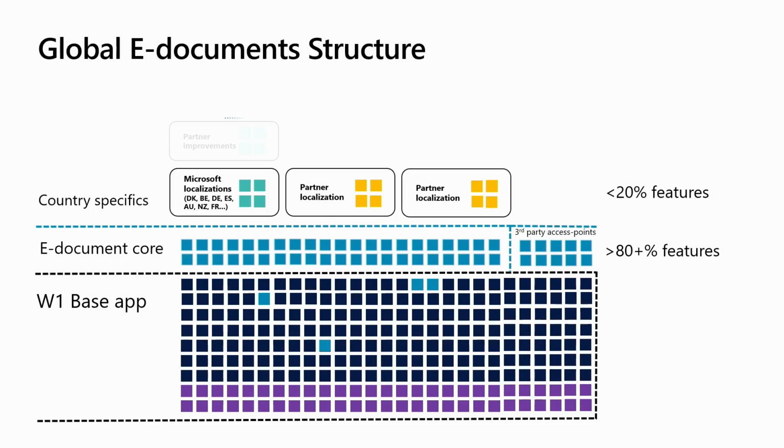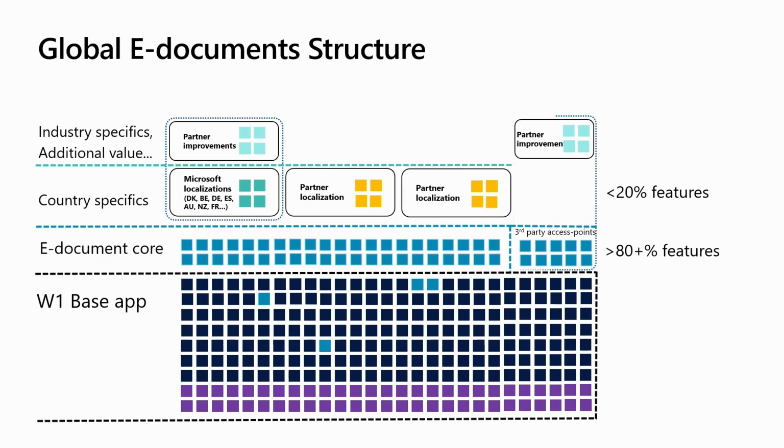Sometimes you want to extend a Microsoft localization, for example in Denmark or Belgium, and you can add specific industry solutions. On top of that, maybe some additional documents. If you are an ISV or a service provider with third-party access points, you can enable additional documents, maybe quotes or orders, and the exchange of these documents. We have a good framework and we deliver the basic functionality for invoices, but now you can build more if you need.